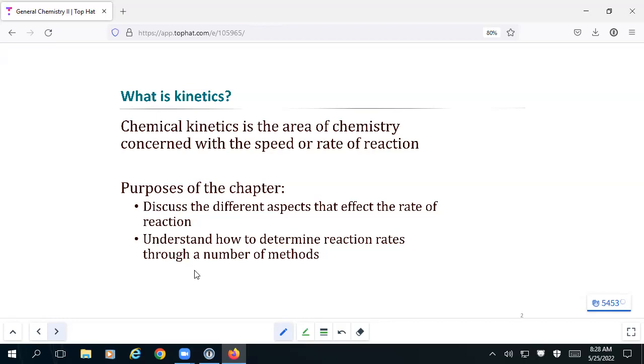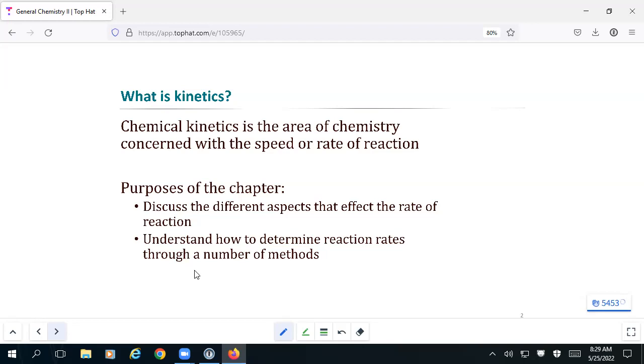What is kinetics? So in particular, kinetics is an area of chemistry where we are really concerned about the rates of reaction, or a better way of thinking about that is reaction speed. So what governs whether a reaction is going to be fast or slow?